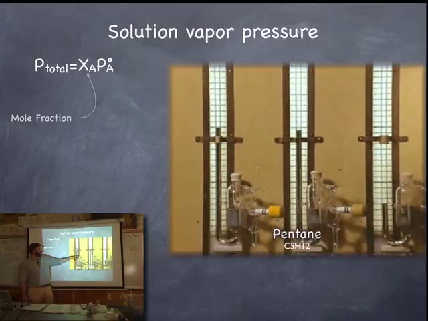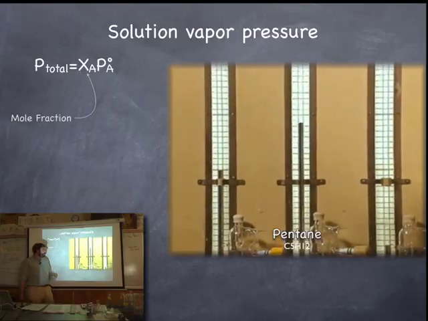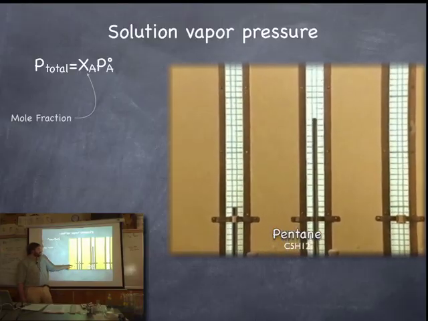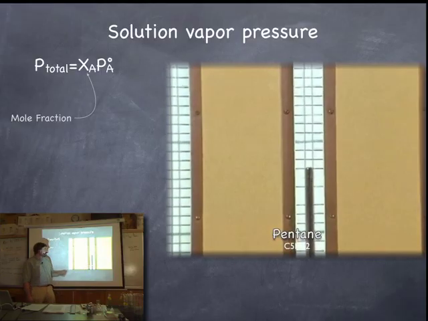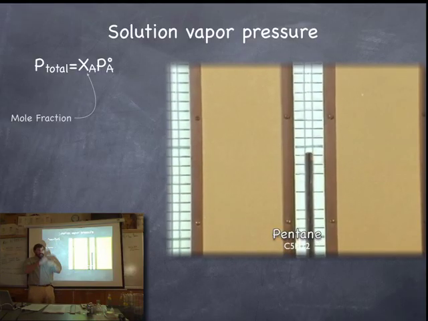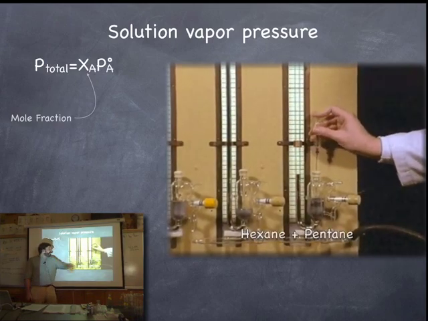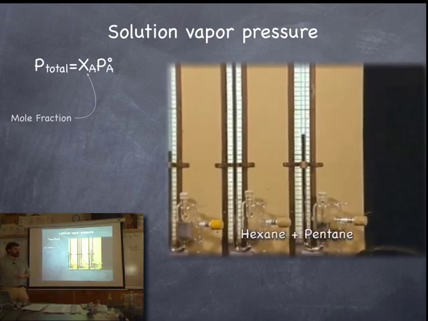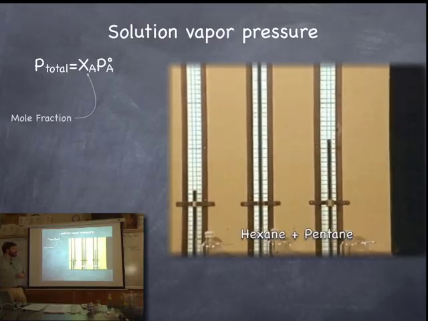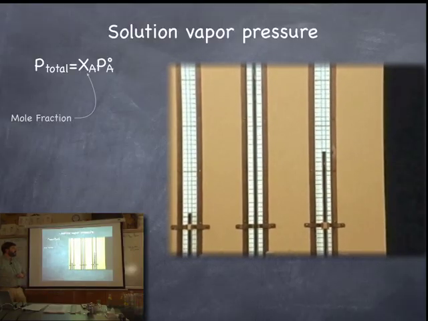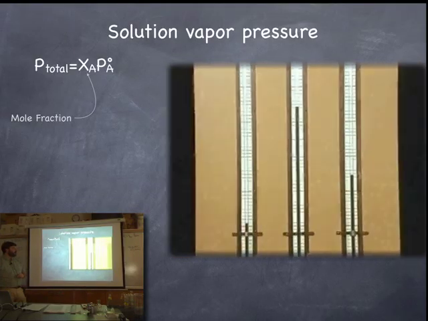This is a rubber septum that seals itself after you take the needle out. Okay? So we squirt pentane into here, and you can see that the pentane vaporizes and produces a vapor, and so we can measure the vapor pressure. This is a mixture, a 50-50 mixture of hexane and pentane.